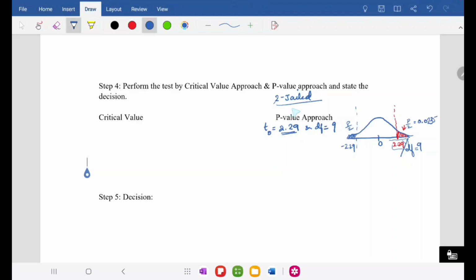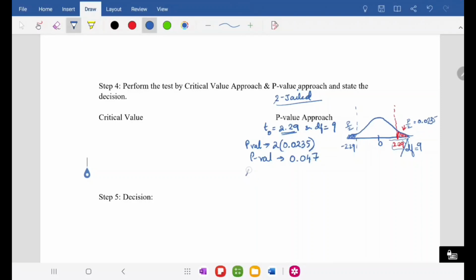But because it's a two-tailed test, like I said before, you have to multiply it by 2. So the p-value is 2 times 0.0235, which is equal to 0.047. That's the p-value.